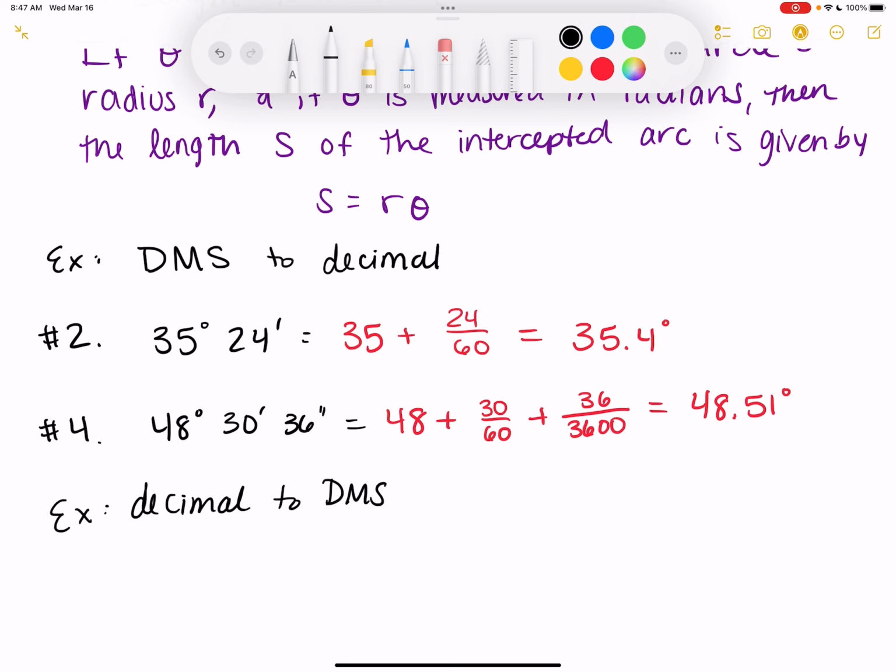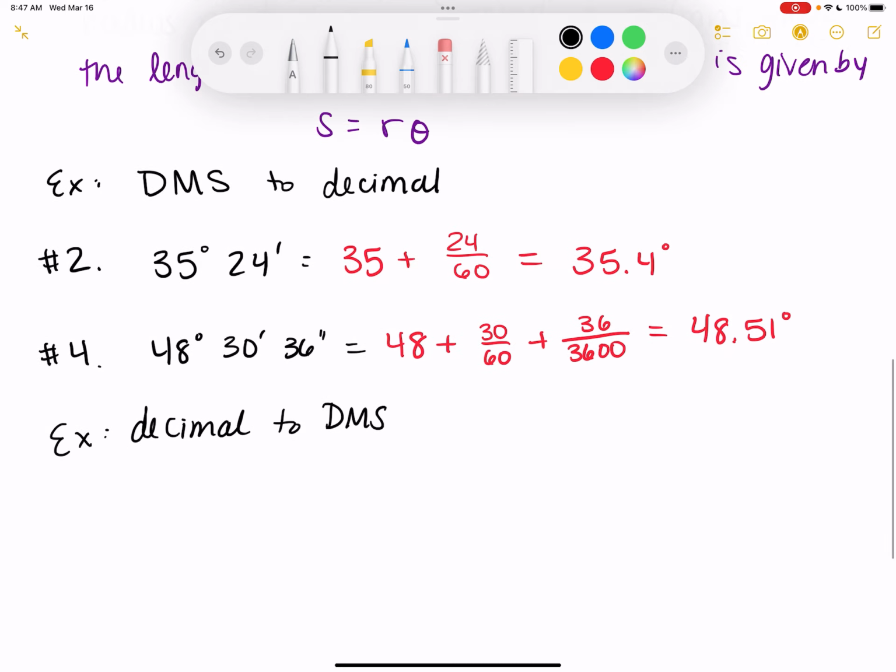All right, so decimal to DMS now. Number 6, 49.7 degrees. Oh, I have no idea how to do that.